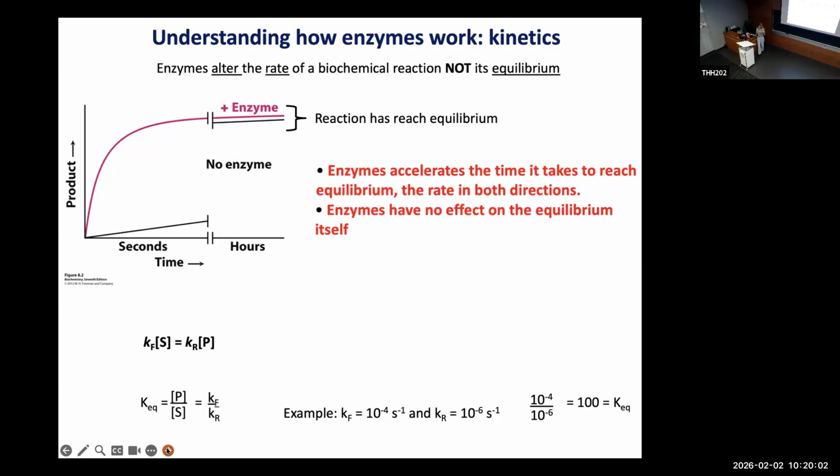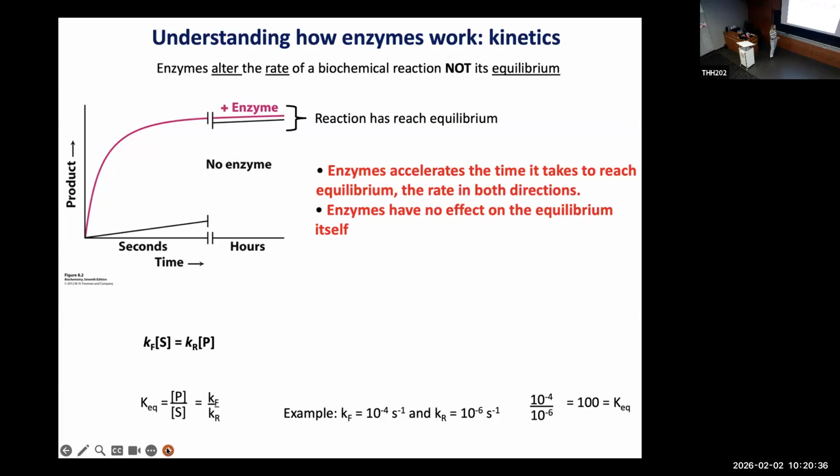Okay, so if we plugged in some numbers here and we said for this particular reaction going from substrate to product, that the forward rate of reaction is 1 × 10⁻⁴ per second, and the reverse rate of reaction is 1 × 10⁻⁶ per second. If we put those into this equilibrium constant equation, that will tell us what our equilibrium constant is.